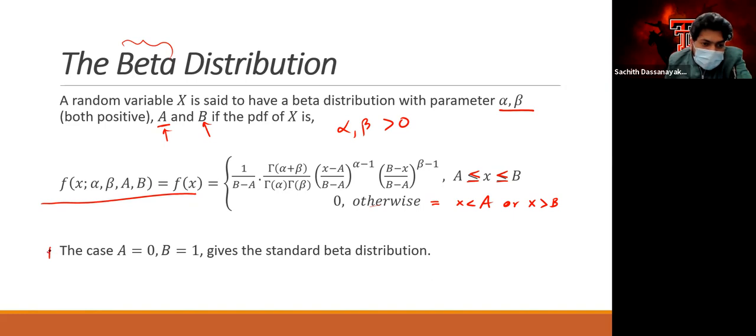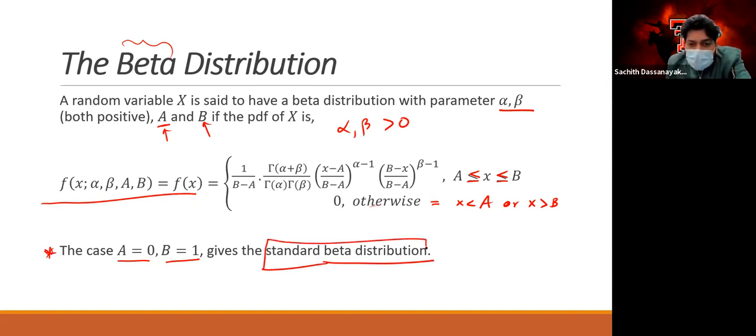There is a special case here. If A is 0 and B is 1, it gives us the standard beta distribution. Once you plug in A equals 0, B equals 1, this goes to 1, this becomes x, and this becomes (1 minus x) to the power beta minus 1.